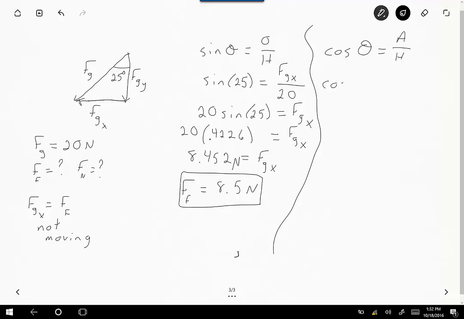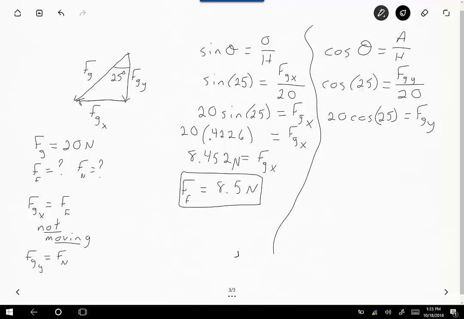So cosine of 25 is the adjacent, which is Fgy, over the hypotenuse, which we said was 20. So again, 20 times the cosine of 25 is equal to Fgy. And Fgy is going to be equal to the normal force. Why? Because again, it's not moving. The squirrel is not moving.